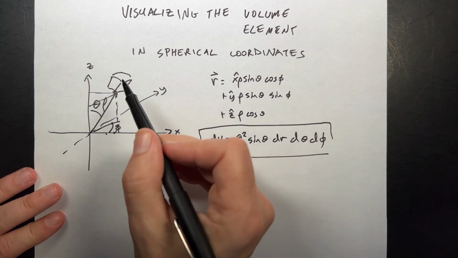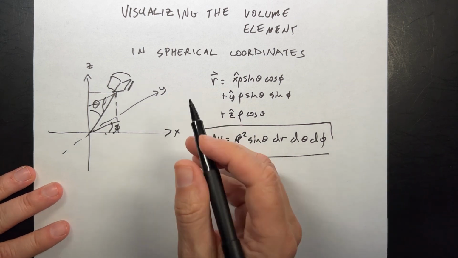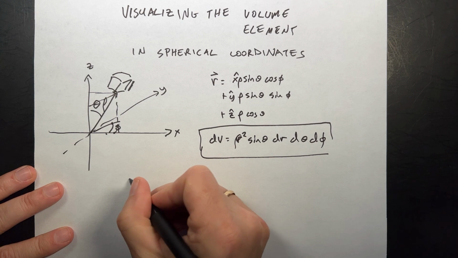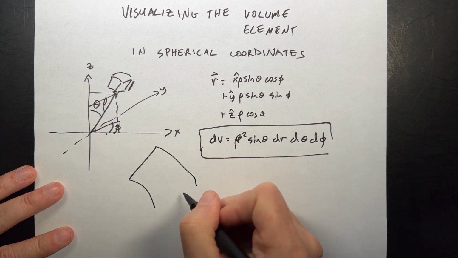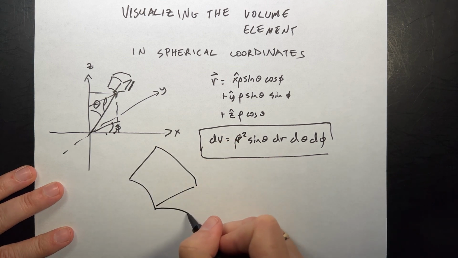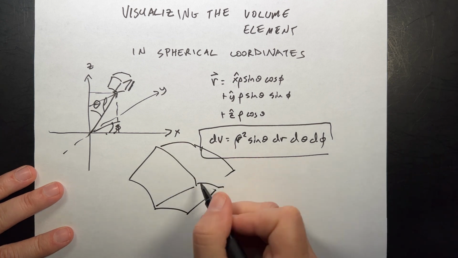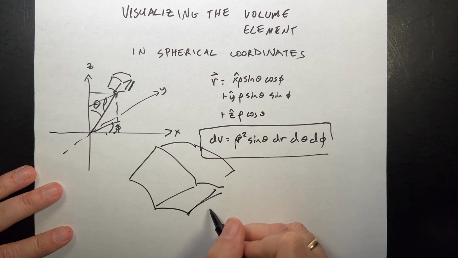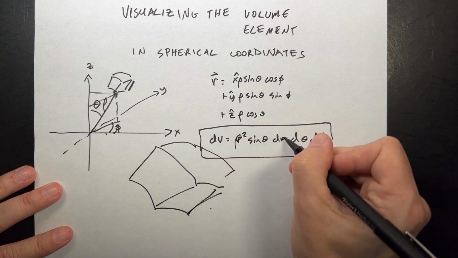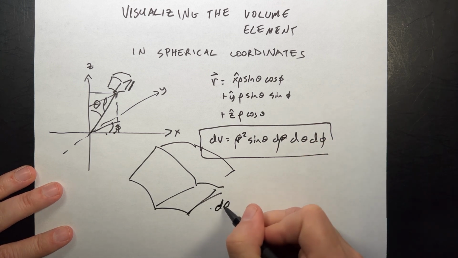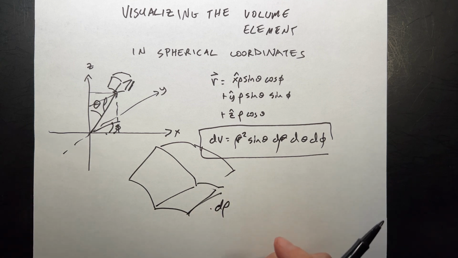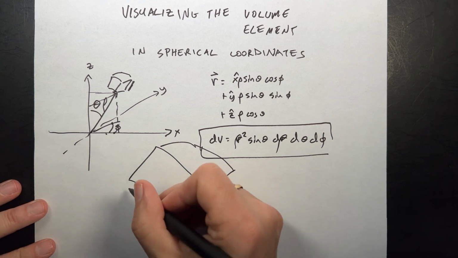So if you want to think about the little box, let's draw the box bigger. These are both curves, so it's kind of hard to draw. Okay, this part is in the rho direction. That's d rho, a length unit.